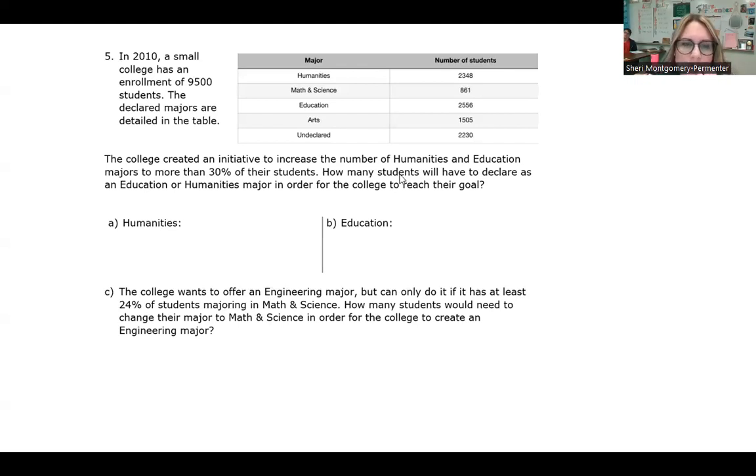Actually, I lied. You don't have to do that. We need to figure out 30% of. Yeah. No, we have to figure out the total. Yeah, I didn't lie. Figure out the total. So we have to add everything up. So tell me when you get a total.